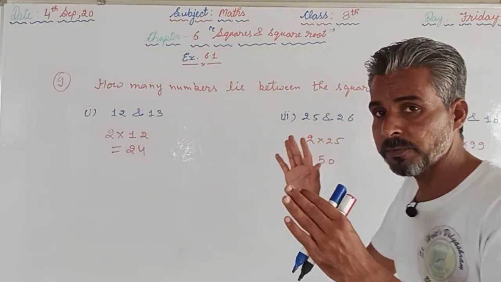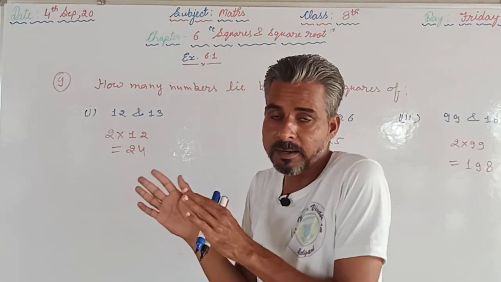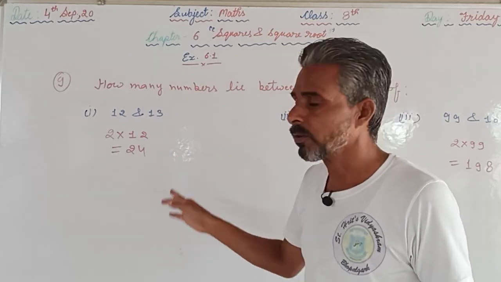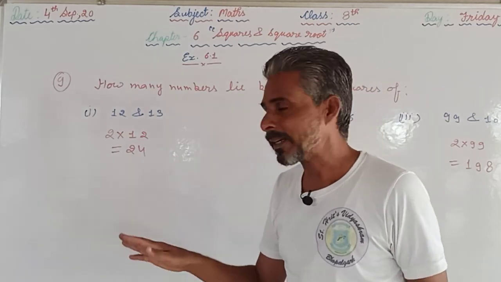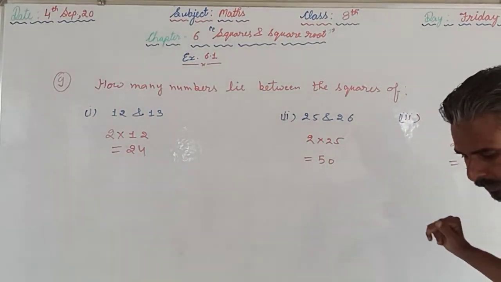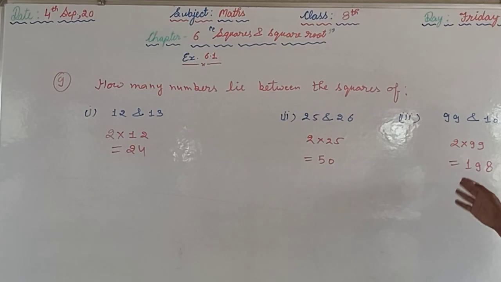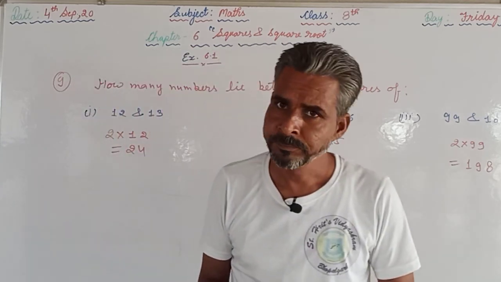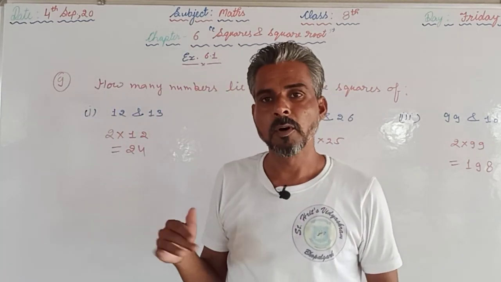Between means 144 and 169 are out of consideration. So you will find that there are only 24 numbers. Similarly only 50 numbers, and 198 numbers lying between the squares of these given numbers. I hope that you have understood, and you will do all the questions.